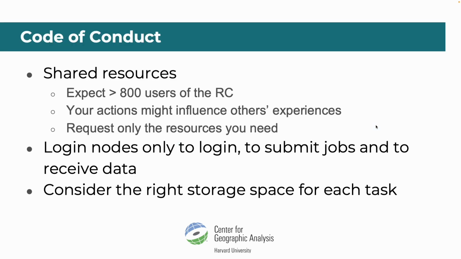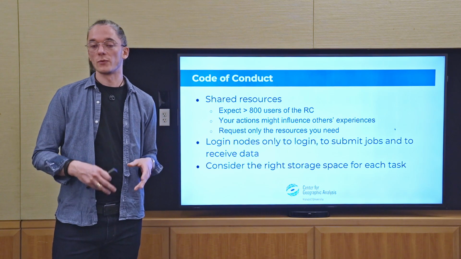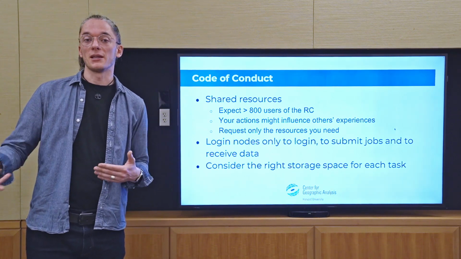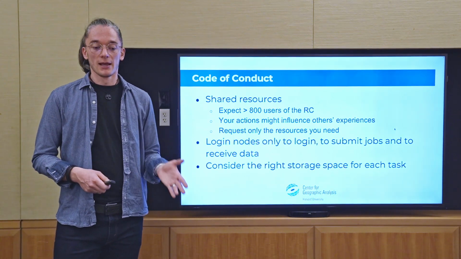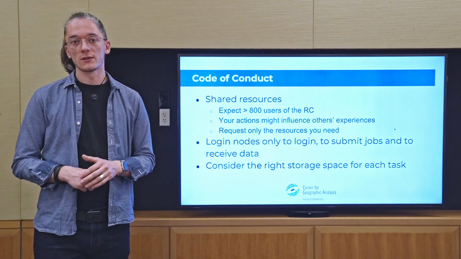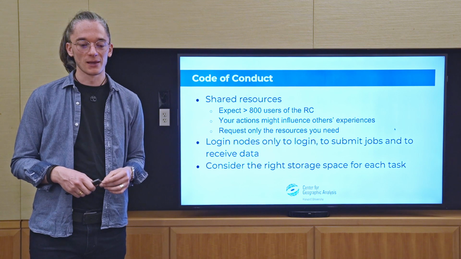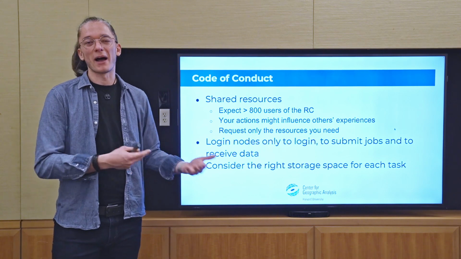As I said, I mentioned it a little bit already, there is a code of conduct how to use such a system, because we are not the only ones using it. There are many nodes for sure, but there are also many users using it at the same time. Expect more than 800 users using it at the same time, so you're never alone on the system. And what you do just might influence other people.